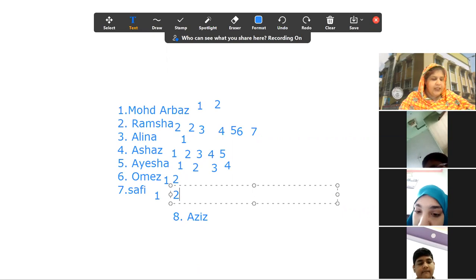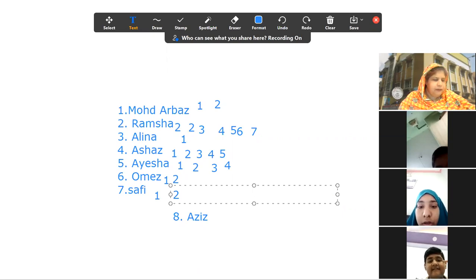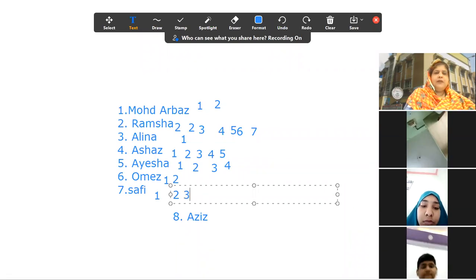Which one is the right answer? Aisha says chlorophyll. Why are we keeping them in the dark? Safi is the right answer. It is to remove starch from the leaves.